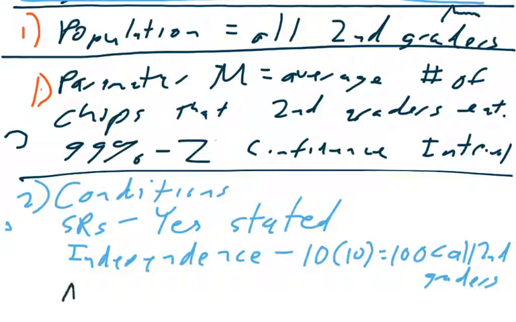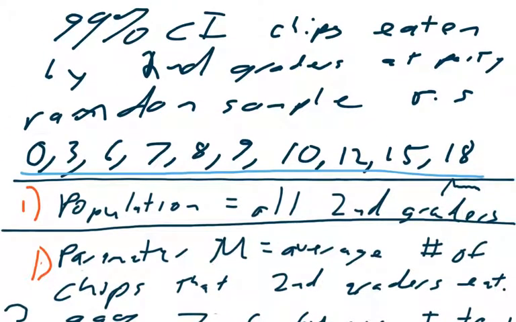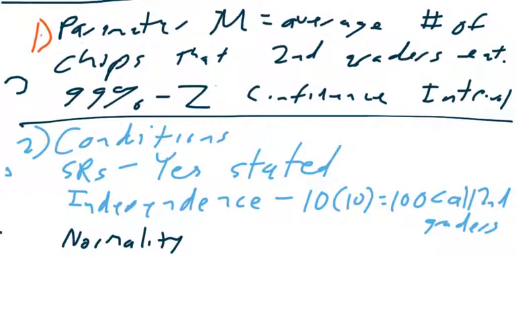And the third thing we want is normality. Now, in our problem, if I go up to the top, nowhere in here does it say anything about normality. And since we only have 10 numbers, we can't use the central limit theorem. So the other way that we are going to check is doing the box plot.